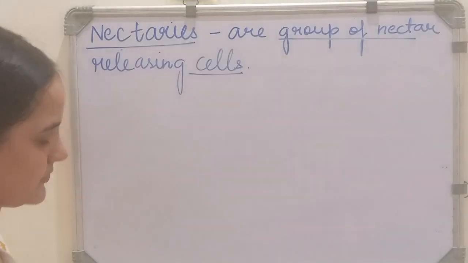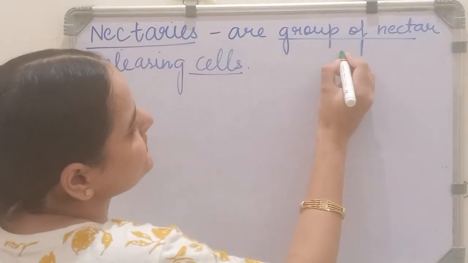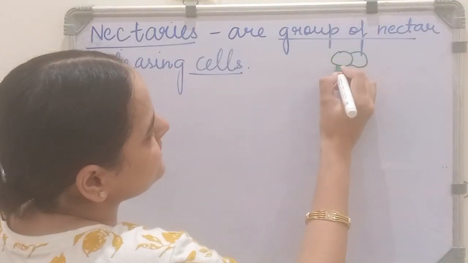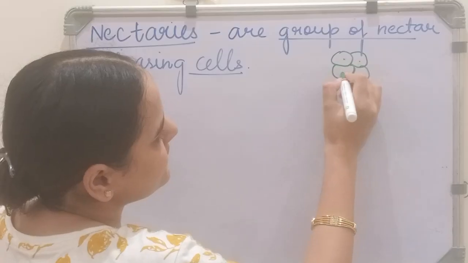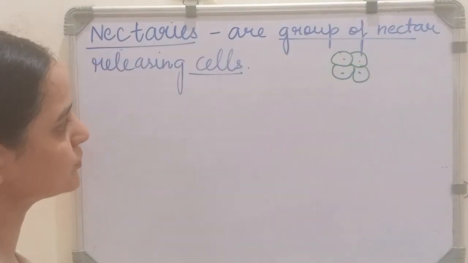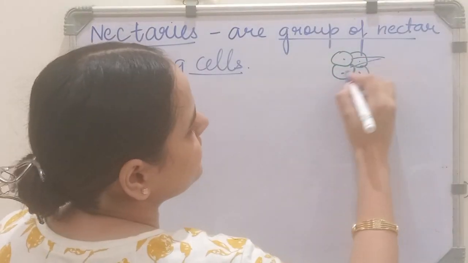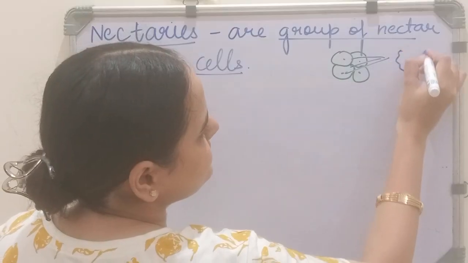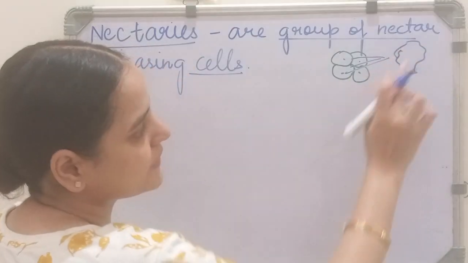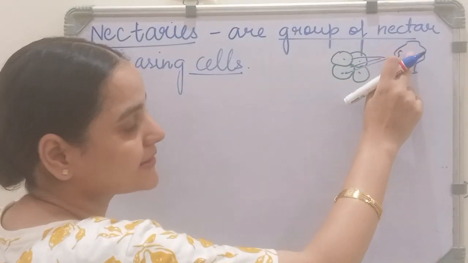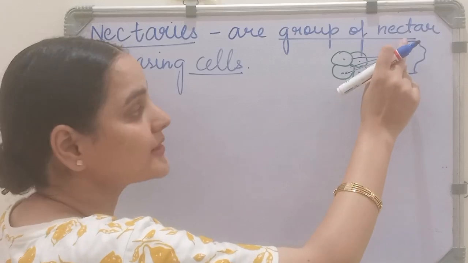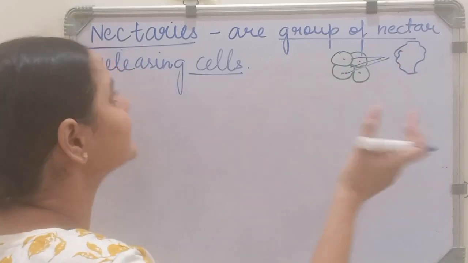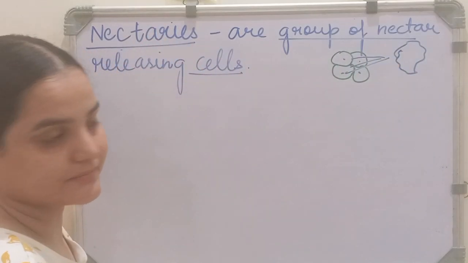Suppose these are the nectary cells, and they will release some nectar. So what is this nectar? This nectar is a sweet fragrant liquid which is released by the nectaries.